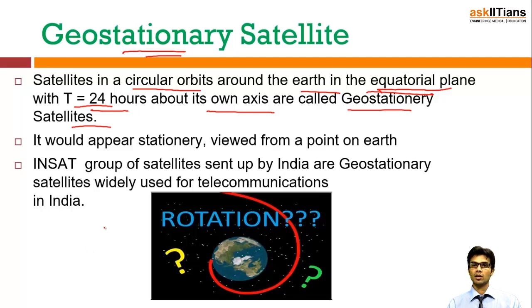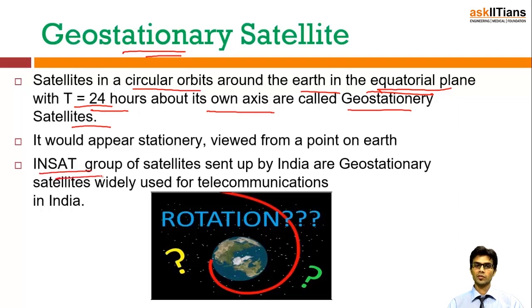Since the time period of such a satellite is 24 hours and the time period of the Earth is also 24 hours, if such a satellite is viewed from the Earth, it looks stationary. The INSAT group of satellites sent by India are geostationary satellites widely used in telecommunication in India.